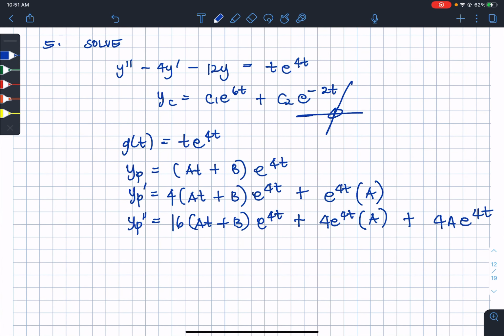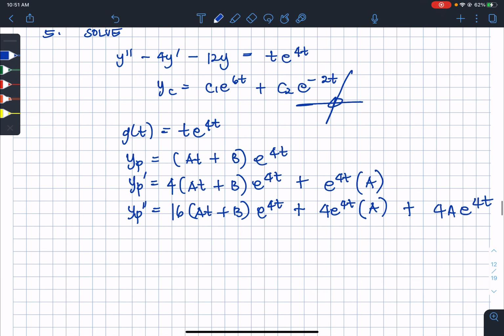So substitute it on our equation. We'll have y double prime, and I'm going to distribute it.